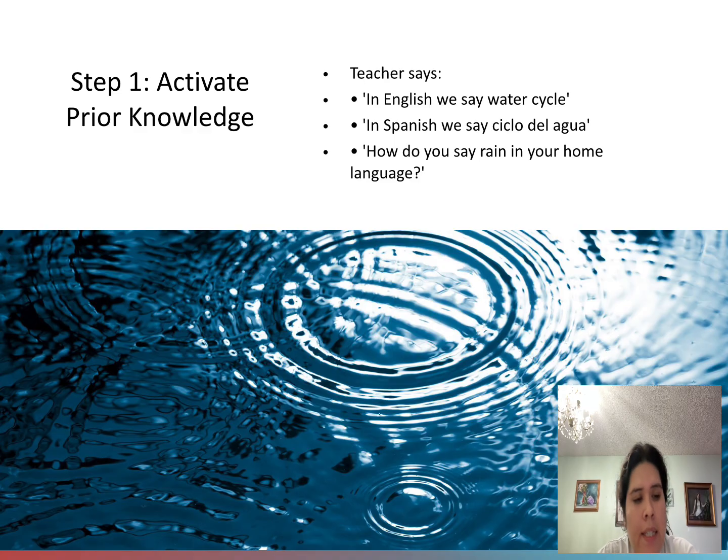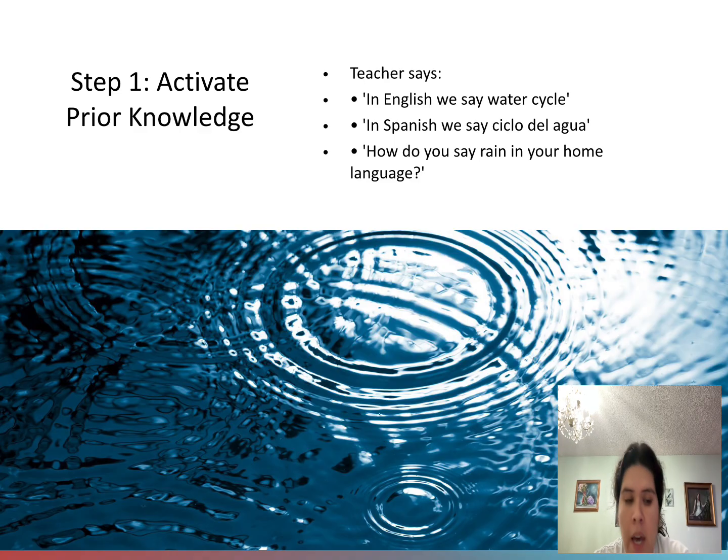At the beginning of the lesson, I explained that students can use their home language, Spanish, to help them learn. In this model vocabulary, I say, in English we say water cycle, but in Spanish we say ciclo del agua. So I'm asking the students, how do you say rain in your home language?